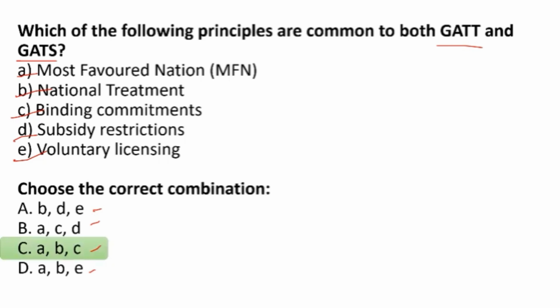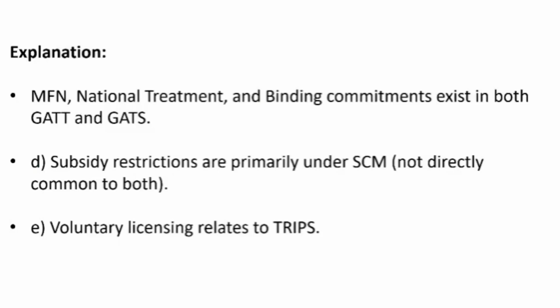Alright, so the right answer is option A, B and C. That means most favored nation, national treatment and binding commitments. Let's have an explanation of it. These three principles exist in both GATT and GATS.